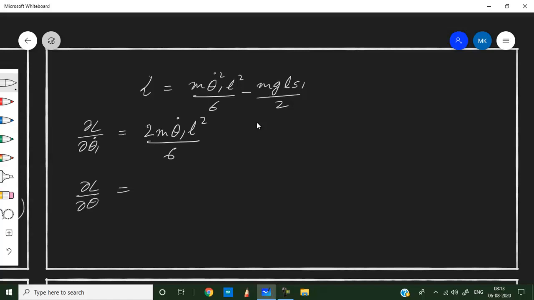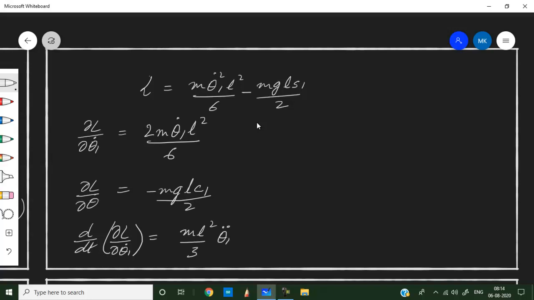Differentiating with respect to theta, the first part will be 0, and this part will have minus mgl cos of theta divided by 2. Then we differentiate with respect to time, d by dt of dou L by dou theta 1 dot. Cancelling, 2 ones are 2, 2 threes are 6, so ml square by 3 theta 1 double dot.